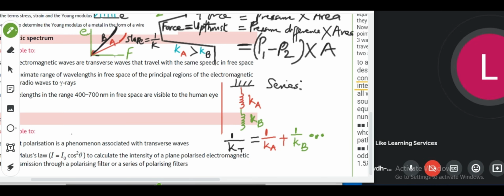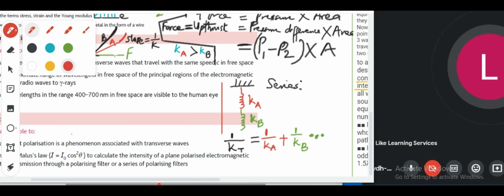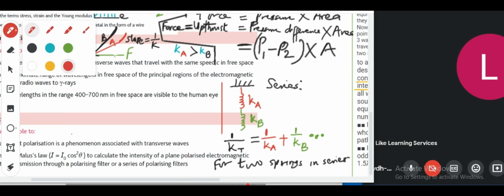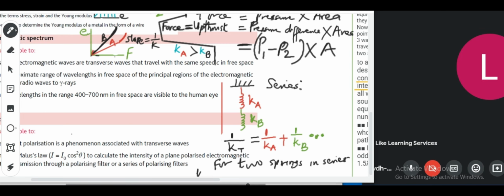But for only two springs, which I'm going to talk about now, for two springs in series, we can simply do product over sum. K total, this total spring constant, is simply product divided by sum.